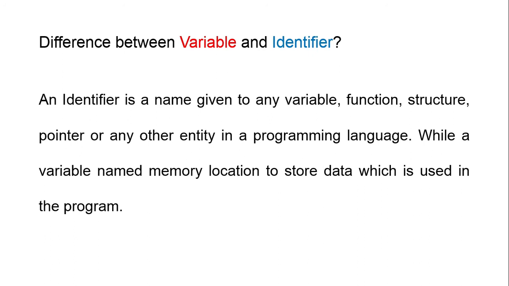Identifiers are names of the variable, right, and names of the function, structure, pointer. But the variable only refers to a single value or memory allocation to store particular data. That is the main difference between the variable and the identifier.